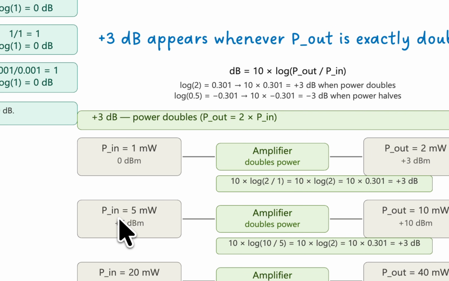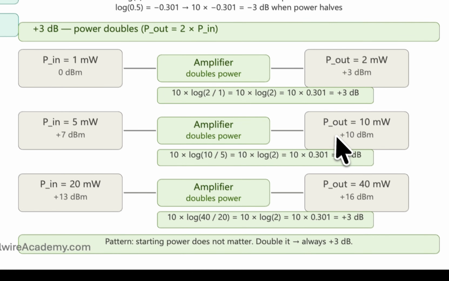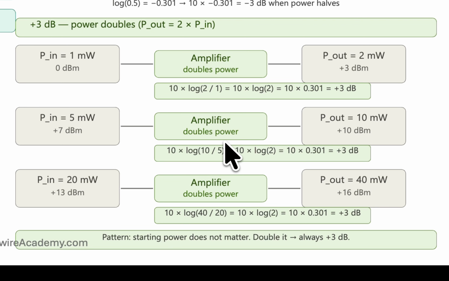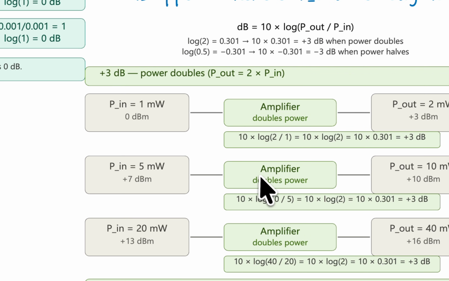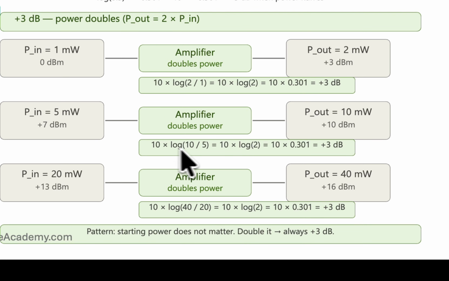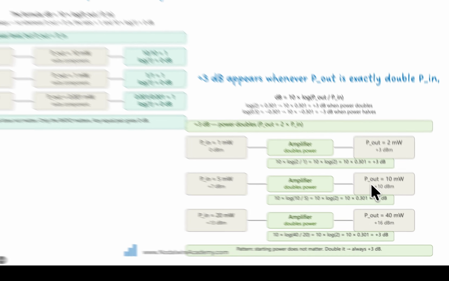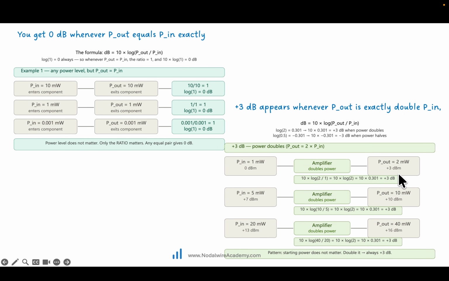Here the transmit power is 5 and the receive power is 10, so actually we are amplifying it. I replace those values in the formula. Logarithm of 2 is equal to 0.3, which is equal to positive 3 dB. In case it is negative, then we are getting 2 times lower power than the transmit power. So that's the meaning of it.